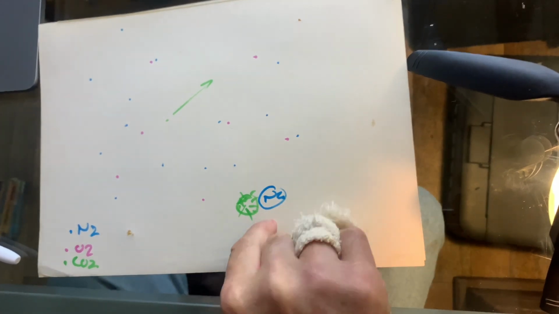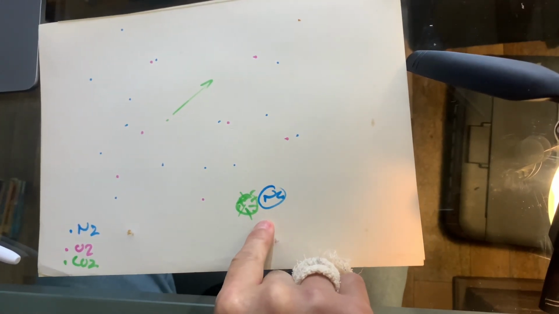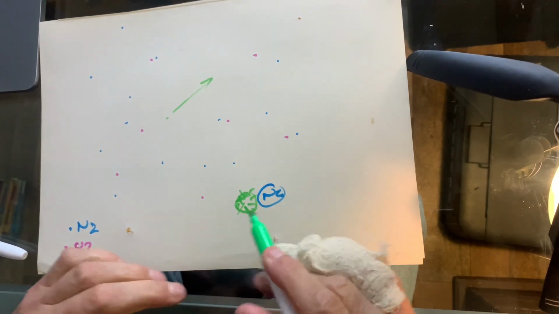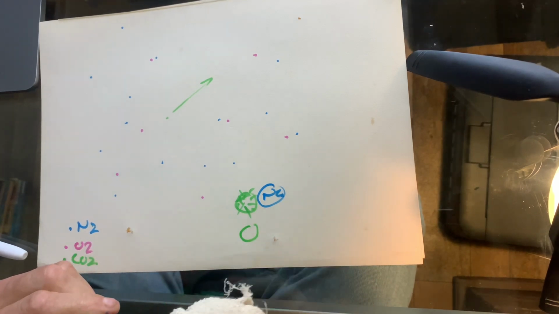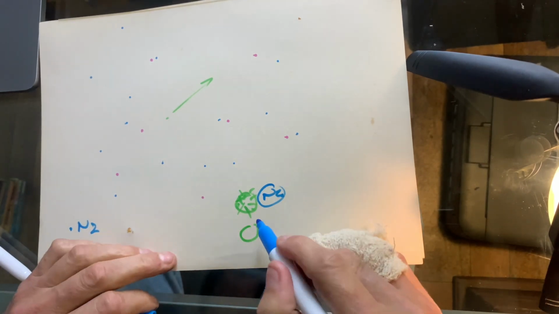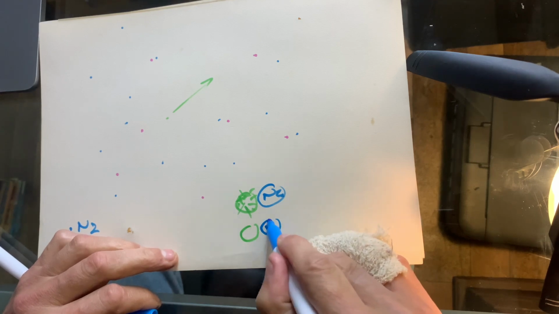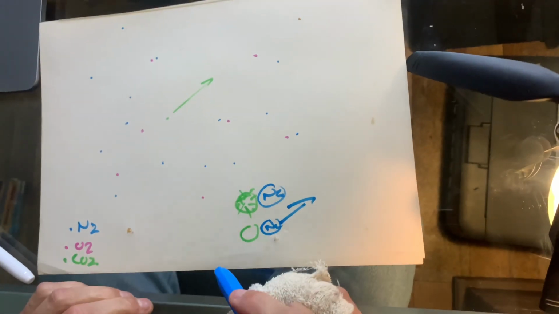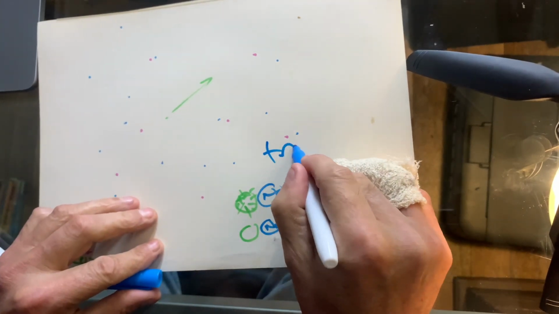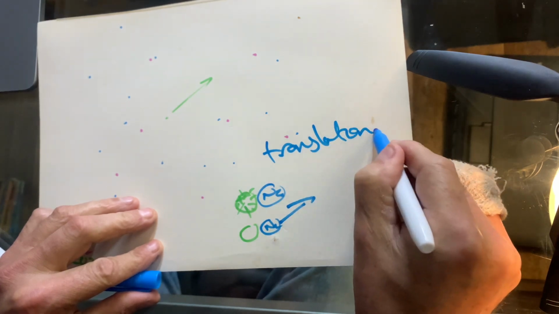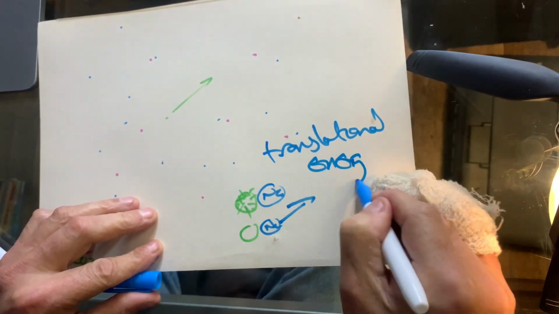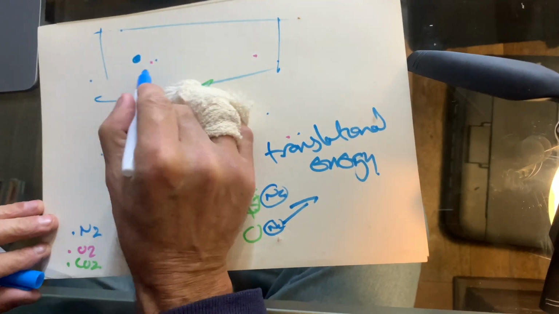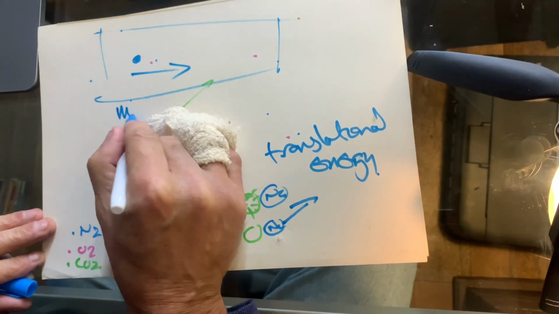When those two collide, one thing that can happen is that the highly energized CO2 molecule loses its energy, drops down in its energetic phase, but in so doing, it fires the N2 and adds translational energy. Translational energy is the movement of the particle, movement through space.